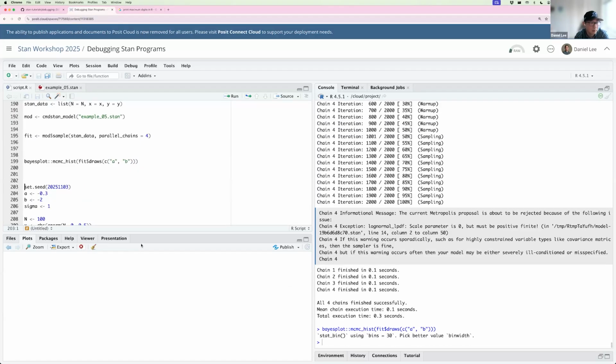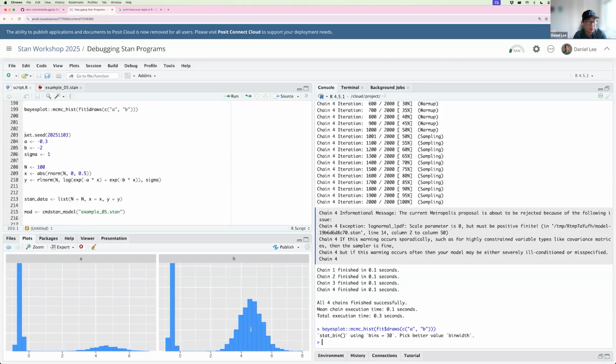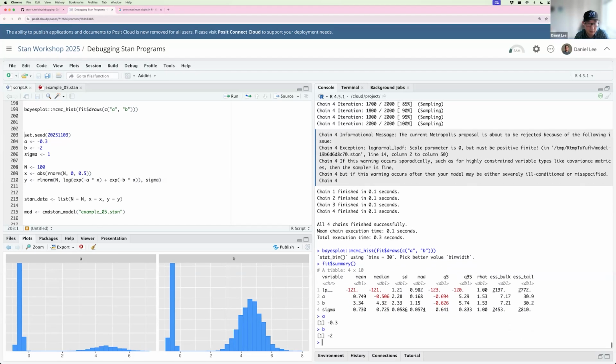Then what you end up seeing is that the model starts fitting better. With that said, I'm still getting this weird A and B happening to be, oh, A and B are swapping values, right? So summary. So A I have as minus 0.3, B is minus 2.